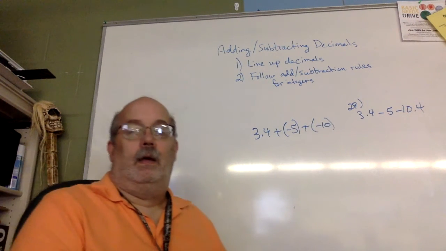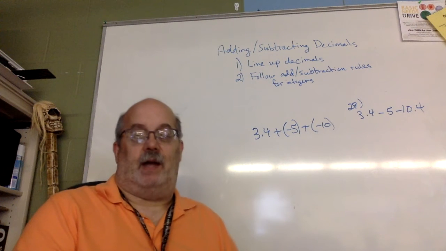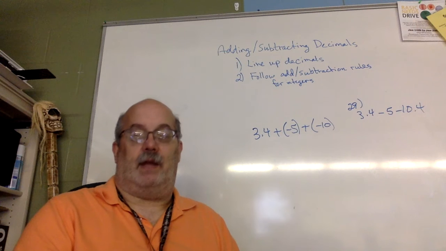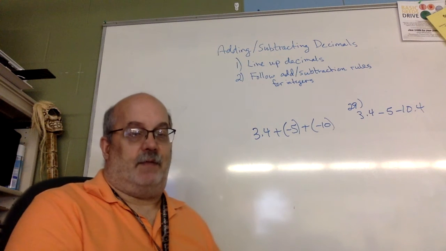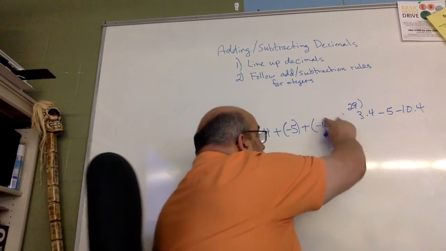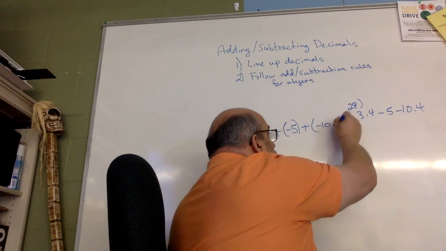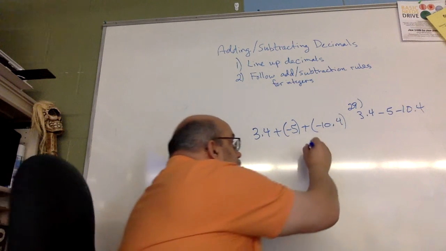Okay, so now we look, do any of them have the same sign? Yes, the negative 5 and the negative 10.4, and we're going to add them together. That gives us negative 15.4.